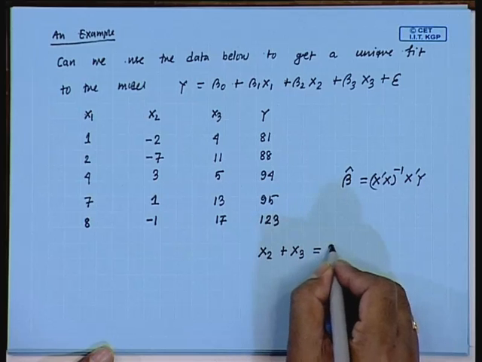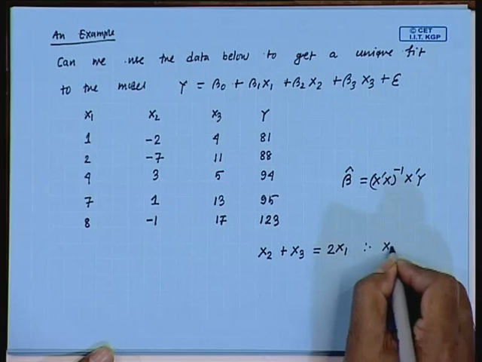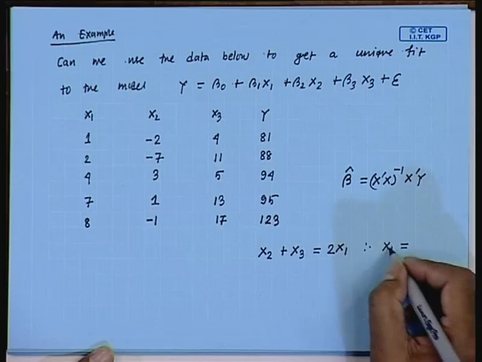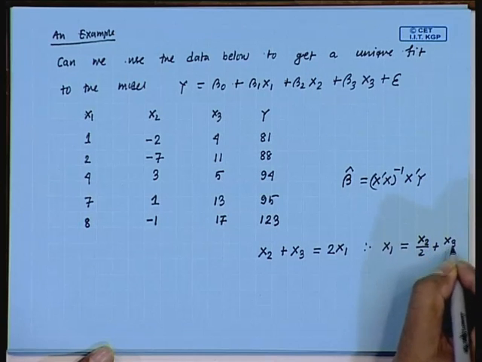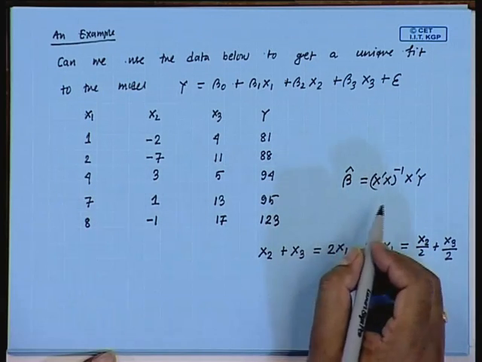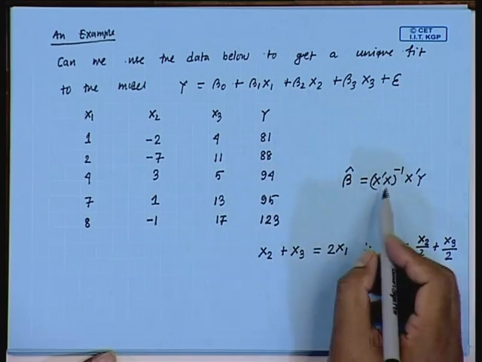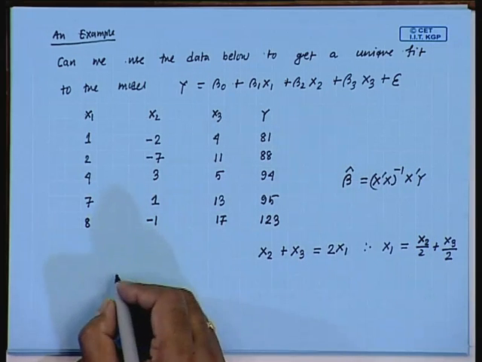Okay. So, here the relation between the regressors is x2 plus x3 is equal to twice x1, or same as writing that x1 can be expressed in terms of x2 and x3. So, x1 is x2 by 2 plus x3 by 2. Okay. So, here really we can't estimate the regression coefficients, because X prime X is singular here.